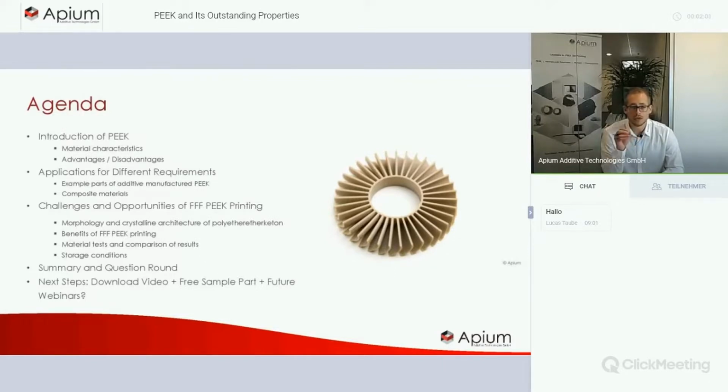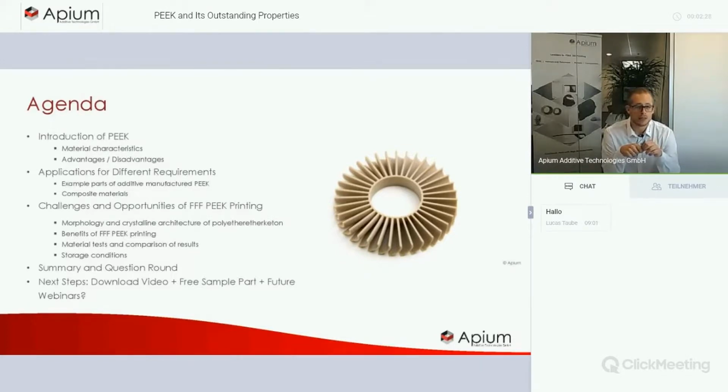Here I want to refer to example parts of additive manufactured PEEK. I think this might be very useful for most of you to get an idea and to get already inspiration where additive manufacturing and high-performance polymers are already used and can be very beneficial for you, your company, or your research.